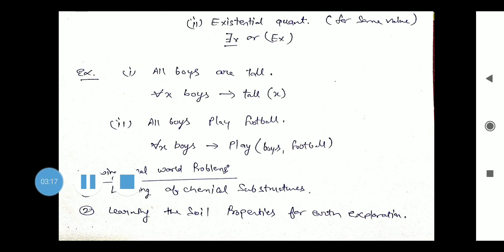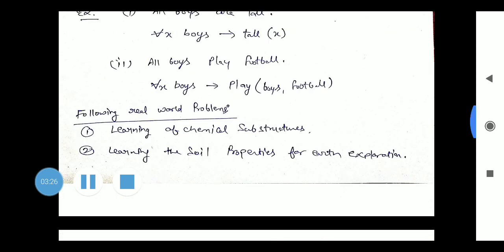And second example, all boys play football: for all x, boys implies plays football. In real world problems, first order predicate logic is used. For example, learning of chemical substructures and learning of soil properties for earth exploration.